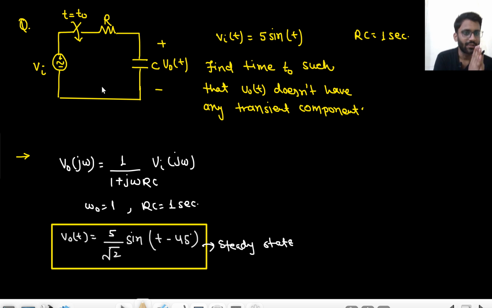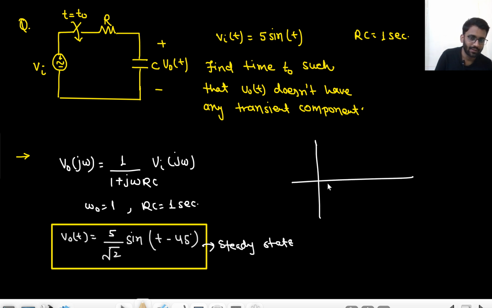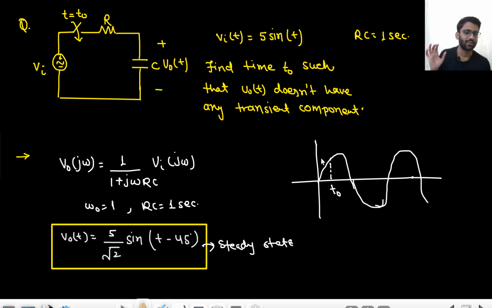Did you understand the problem actually? Initially, this is my sine wave, which is running from t equals minus infinity, it is just running, right? What I do at t equals t naught, I turn on my switch. If I had turned on the switch at t equals 0, what would my RC circuit see?